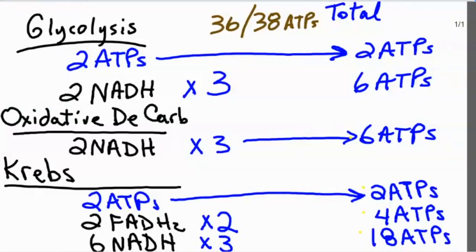So if you didn't have oxygen available, how many total ATPs could you produce? Only the first two from glycolysis. Okay? So if you're anaerobic, you make 2. If you're aerobic, up to 38. So that's why my favorite question is number 30.